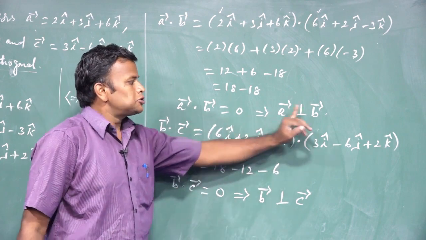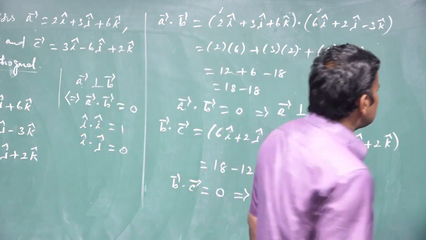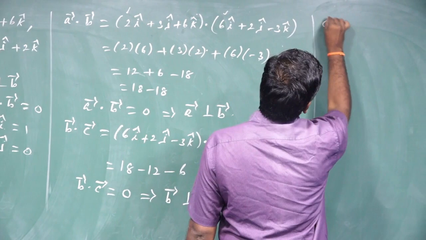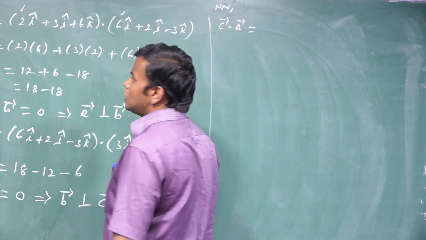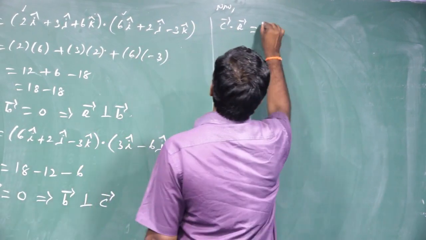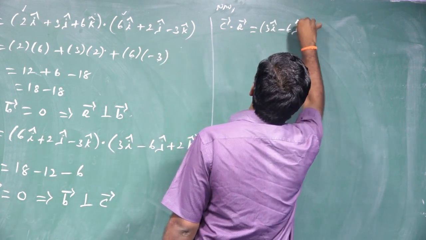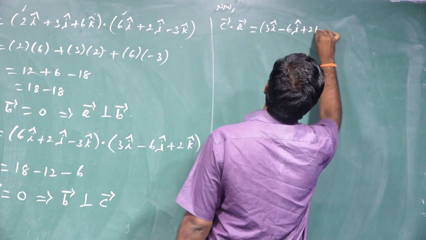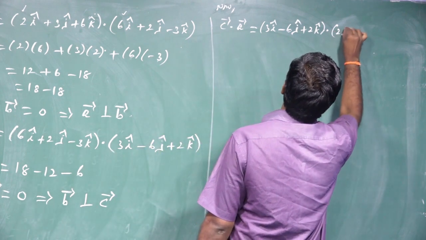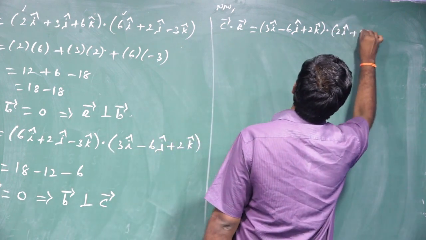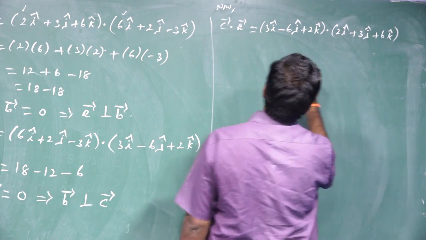Now, to prove a vector is perpendicular to b vector and b vector is perpendicular to c vector, we prove one more. That is, now to check c vector is also perpendicular to a vector. Now we write c vector dot a vector. The value of c vector is 3 i cap minus 6 j cap plus 2 k cap, dot a vector, 2 i cap plus 3 j cap plus 6 k cap.